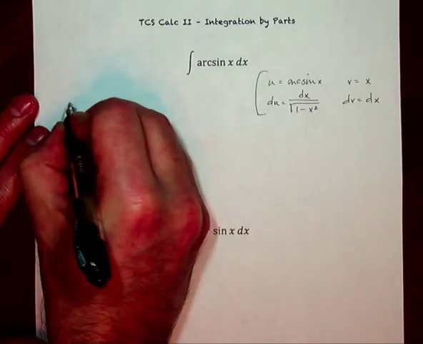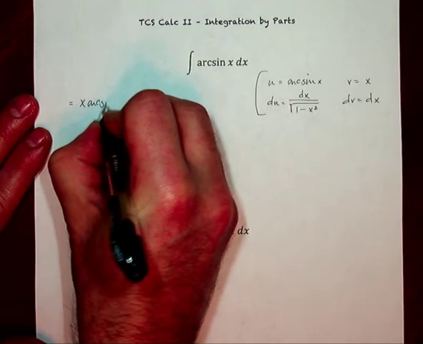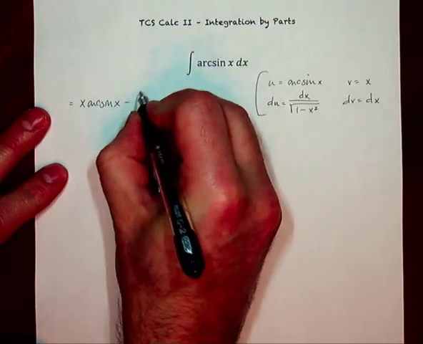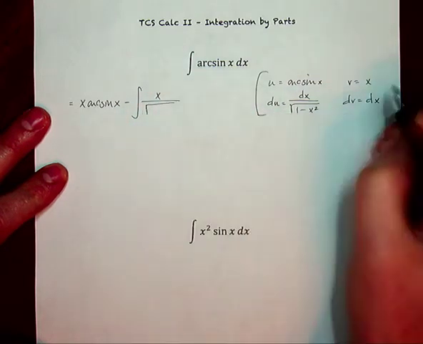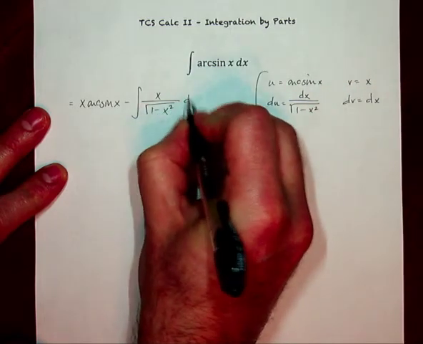So what we get here is my uv is x arc sine x minus, and here's the integral. We're going to go ahead and put the x up here in the numerator since I'm combining v and du, over the square root of 1 minus x squared dx.